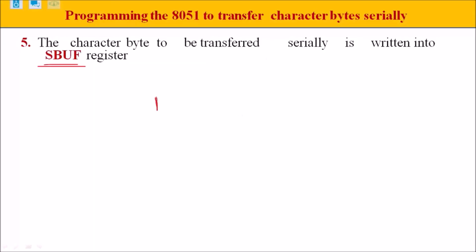So which instruction will we use? MOV SBUF, #, and whatever character you want to transmit, write it in single quotes. Suppose I want to transmit 'B'. The ASCII value of B will be stored in SBUF. Or you can store it first in the accumulator, and then the accumulator data will be moved to the SBUF register.